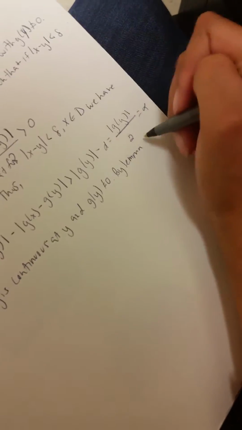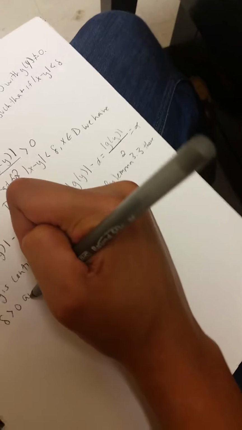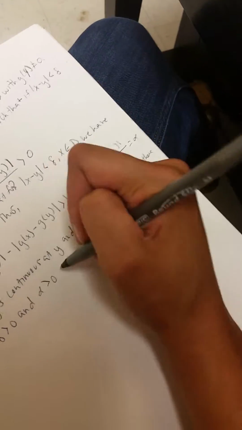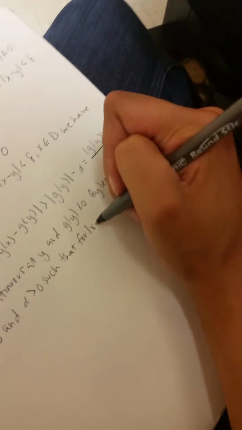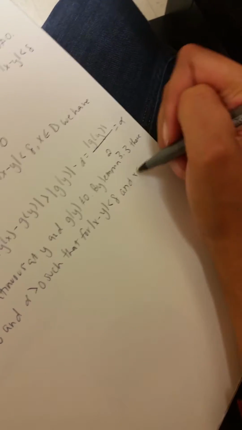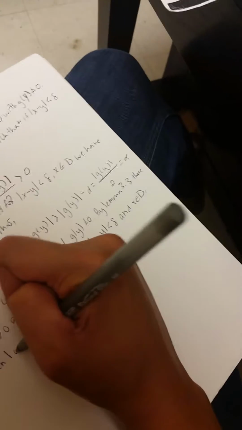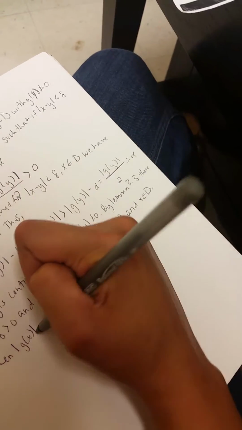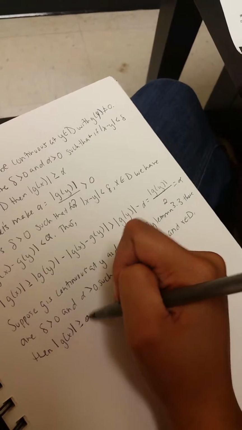By lemma 3.3, there are delta greater than 0 and alpha greater than 0, such that for the absolute value of x minus y less than delta, and x being in the domain, the absolute value of g of x is greater than or equal to alpha. Sorry, that looks like A, but it's alpha.